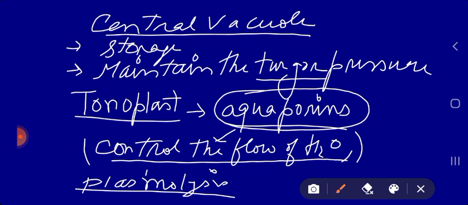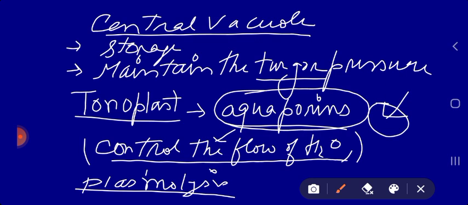Due to osmosis, the water will diffuse into the vacuole and place a pressure on the cell wall. If water loss leads to a significant decline in the turgor pressure, then it will create plasmolysis, or the cell will plasmolyze.